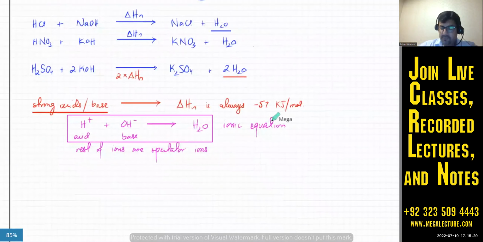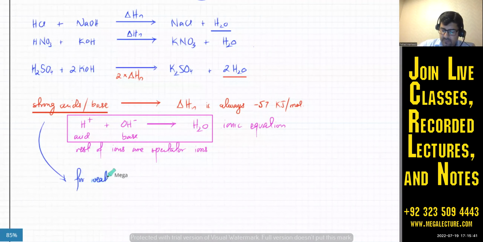Secondly, you've got weak acids and weak bases. So remember this, that for weak acids and bases, delta Hn is slightly less exothermic.